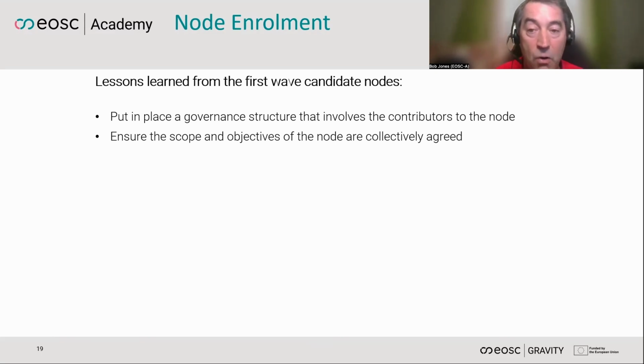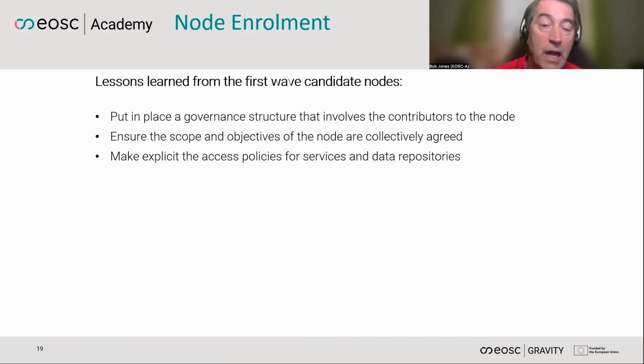Everybody has their own intentions, and making sure they can work together as a group is quite a feat in itself. And they have to make explicit the access policies for the services and the data repositories. It's something that some contributors have already thought of. Many others just say, well, it's open, but it's open to whom? To everybody, only to your scientific discipline, only to your country?